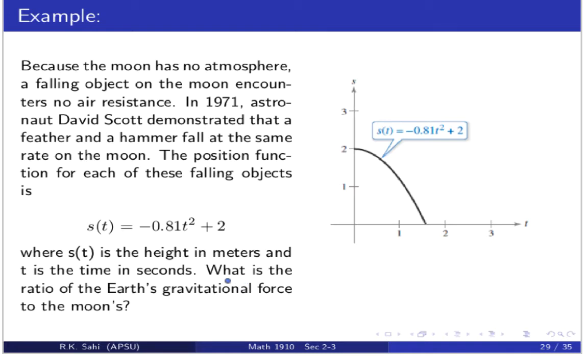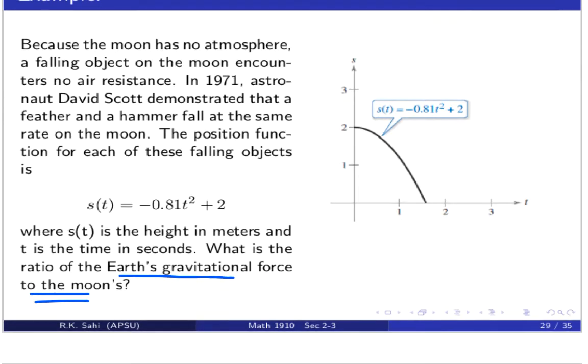The question is, what is the ratio of the Earth's gravitational force to the moon's? When looking at gravitational force, remember it is given by s double prime of t. So let's go ahead and do that.